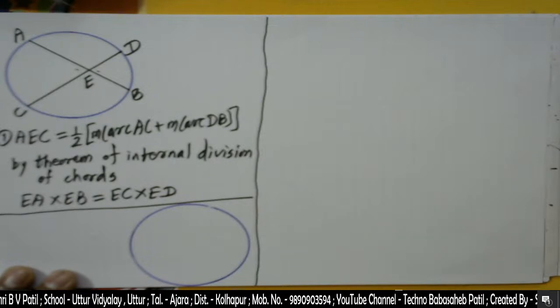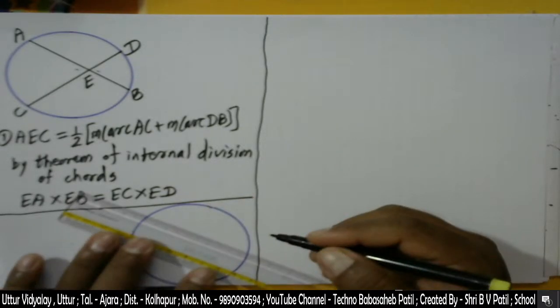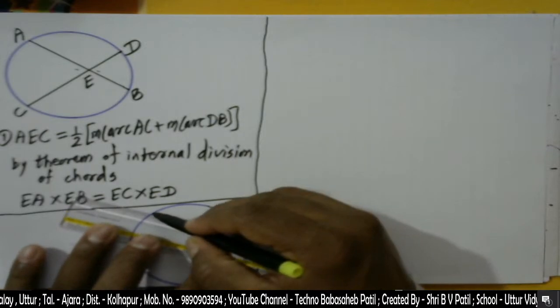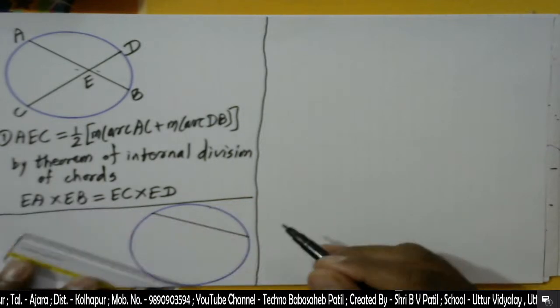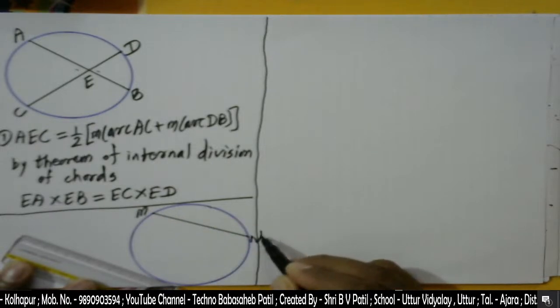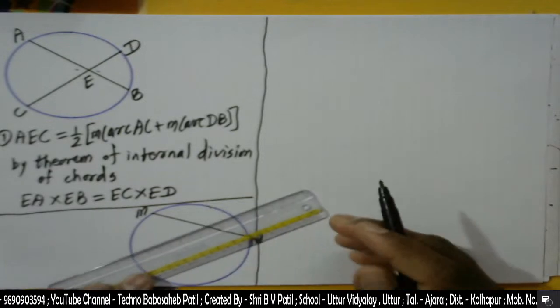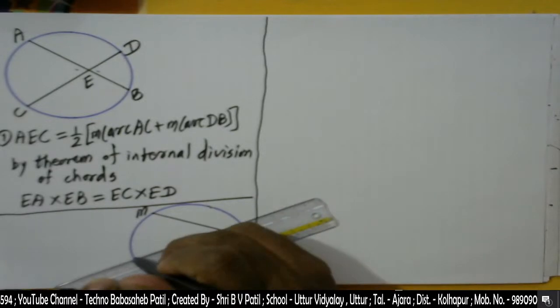Circle is given. First chord is MN, and second chord is RS.